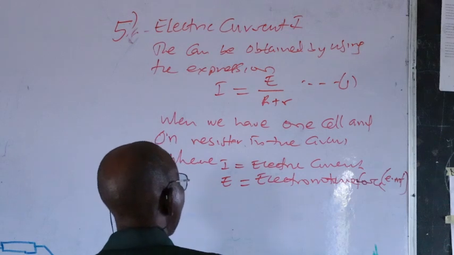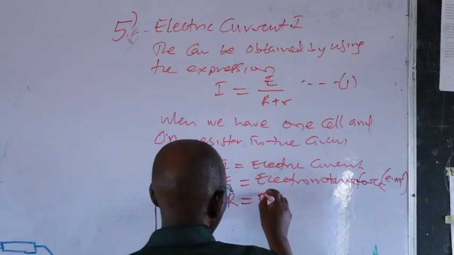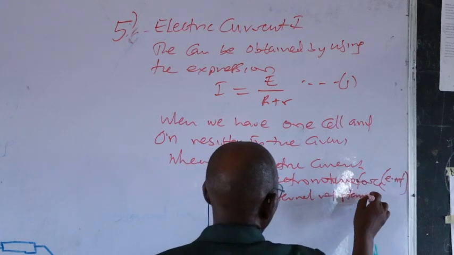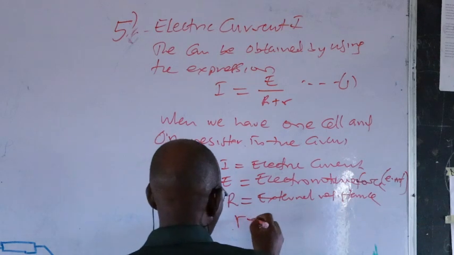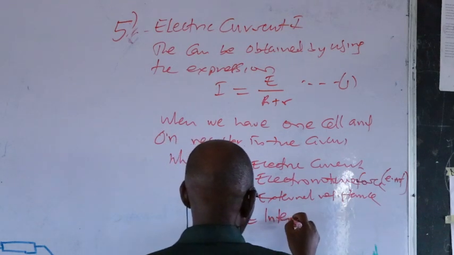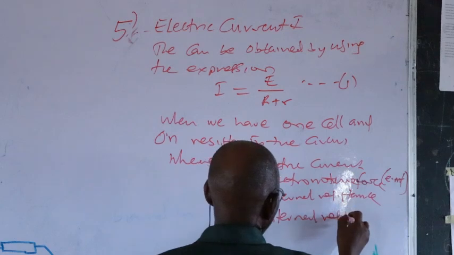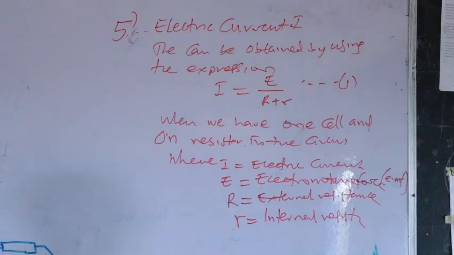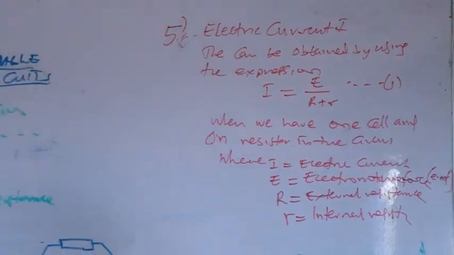Then you have R as external resistance and r as internal resistance. These are what you need. You have 4 parameters. 3 out of 4 will be given to obtain the 4th one. Mind you, you have one cell and one resistor. Once you have more than that, then we have to combine.